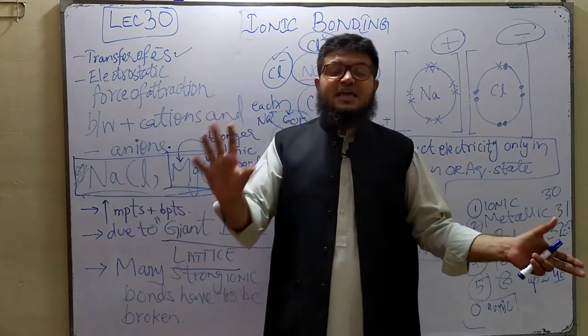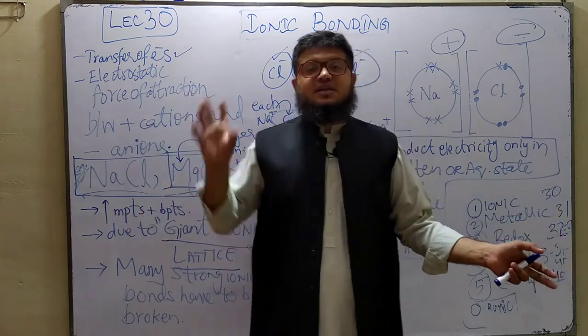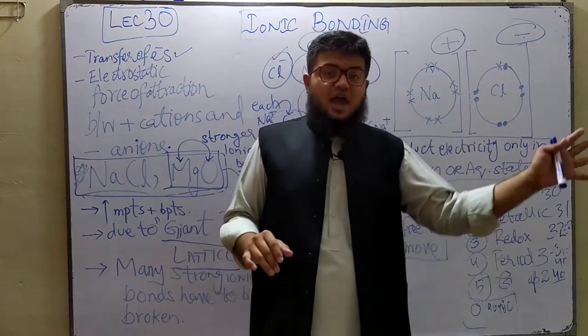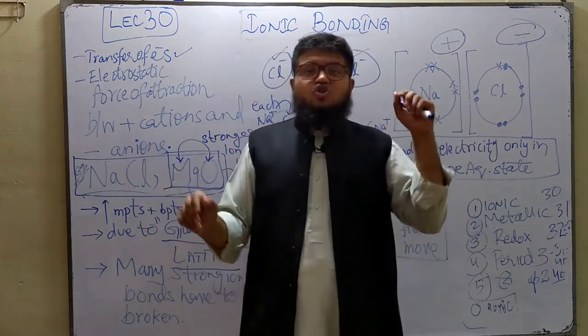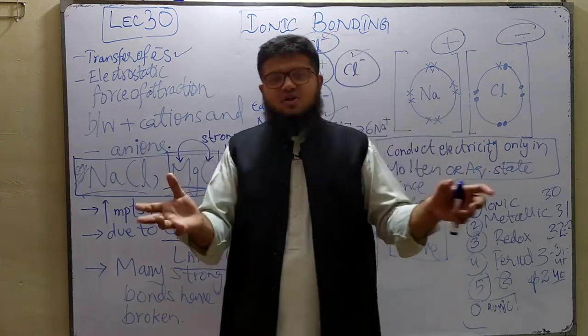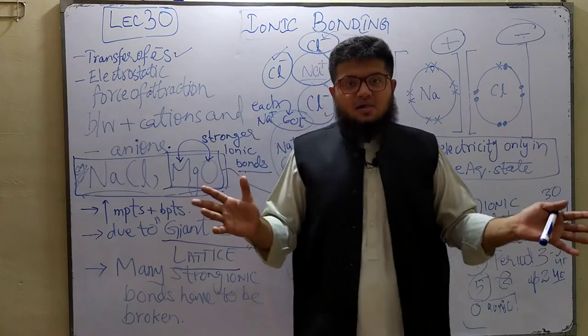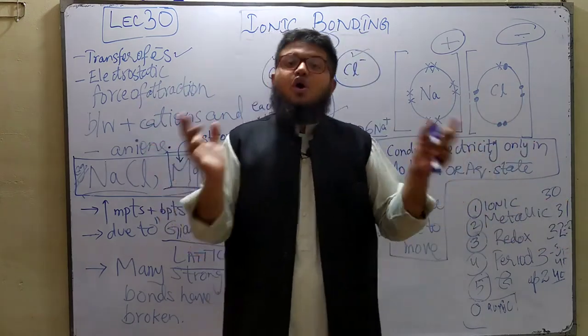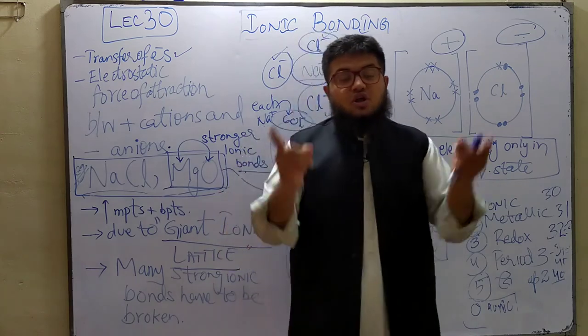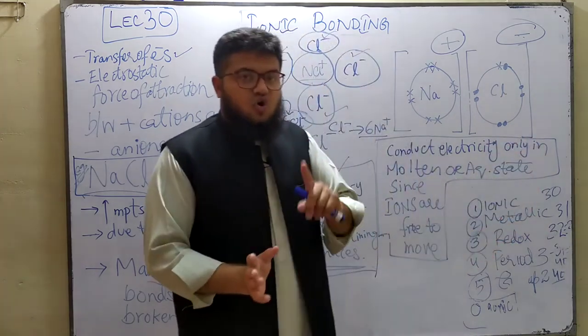In metals, electricity is conducted by electrons. In ionic compounds, electricity is conducted by ions. But remember, the electrons or the ions must be free and delocalized, same thing, or mobile. Only if they are free to move will they be able to flow in order to conduct electricity.